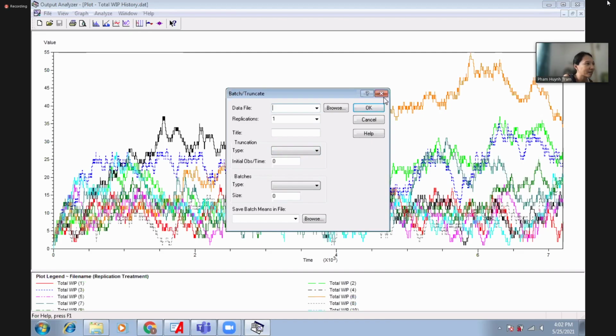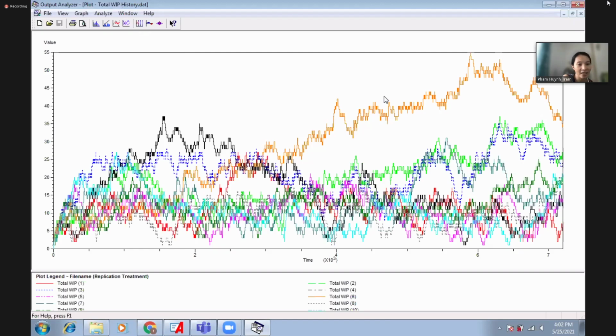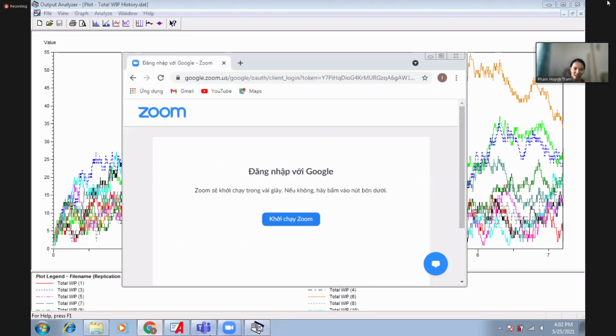But I think we won't need this one. We just let Arena choose the number of batches automatically, which is good enough. Any questions so far?